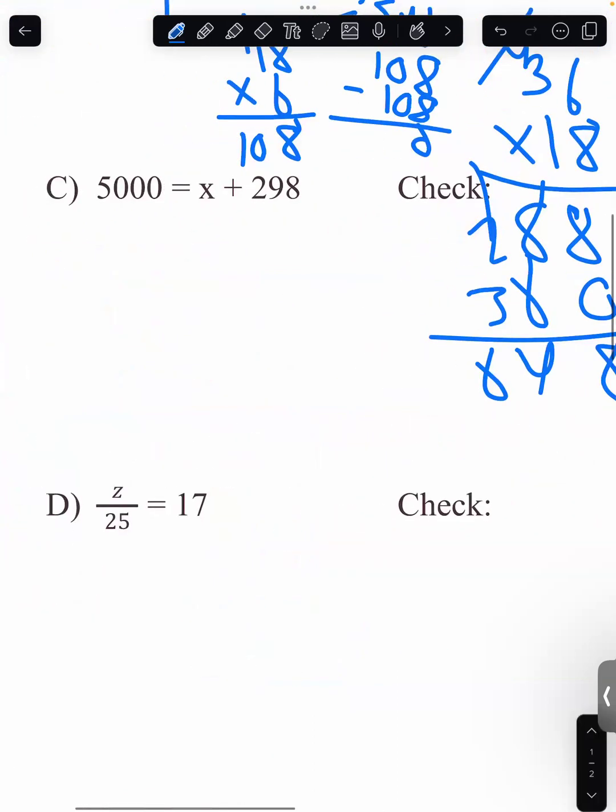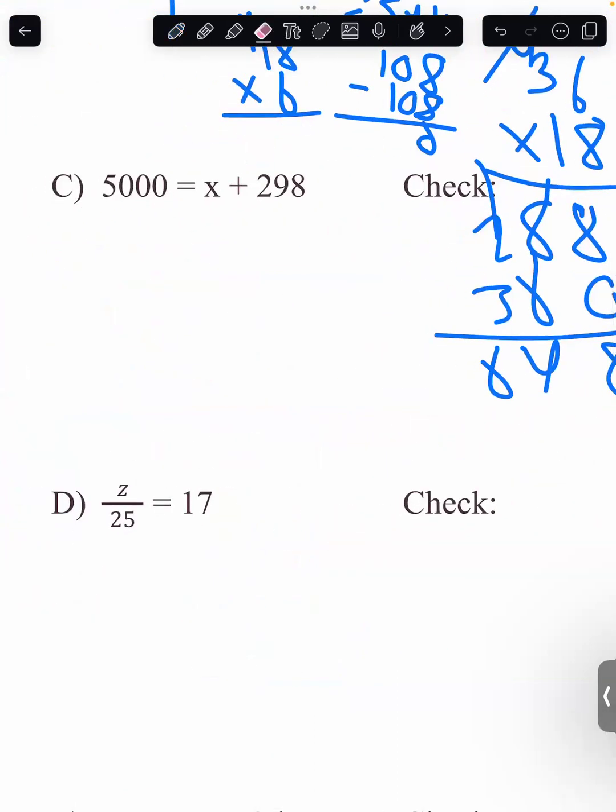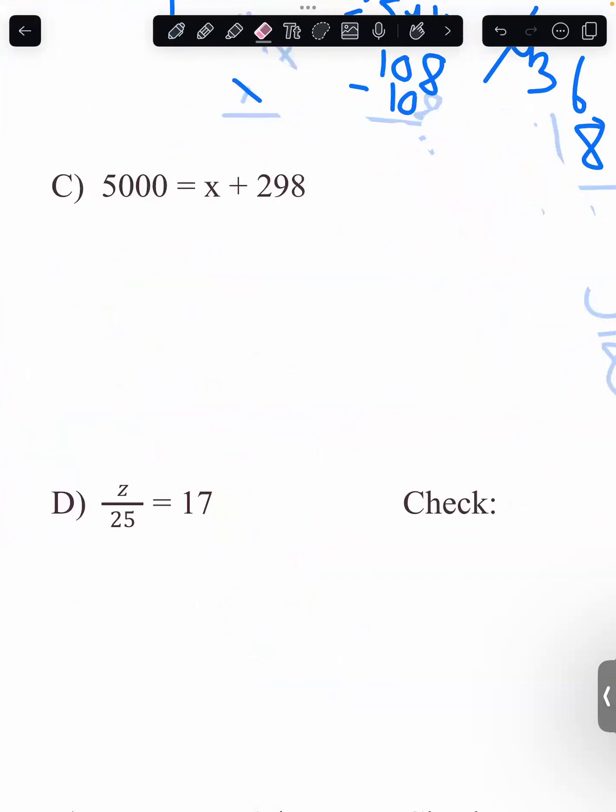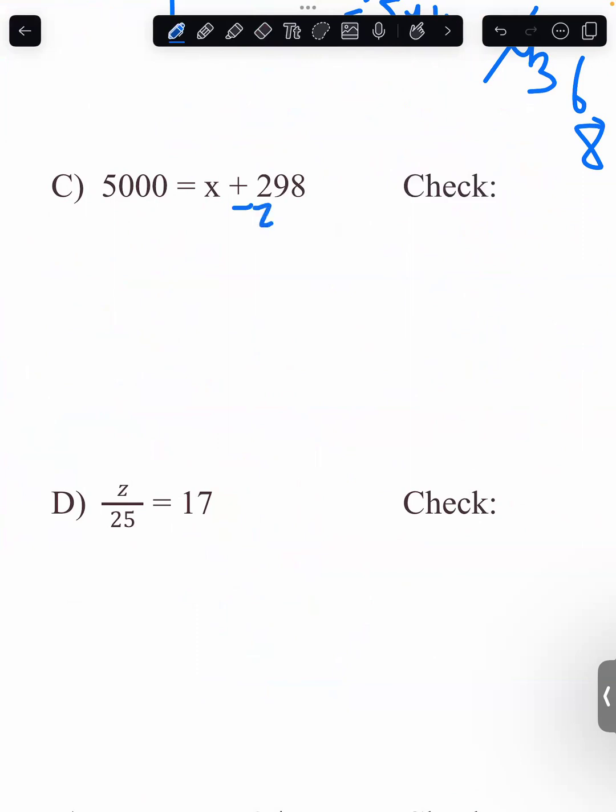All right, third one, we have 5,000 equals x plus 298. Okay, so the opposite of plus 298 is minus 298. What we do to one side, we're going to do to the other side.